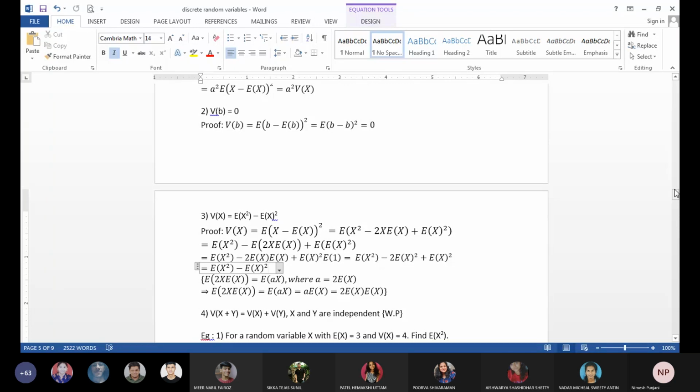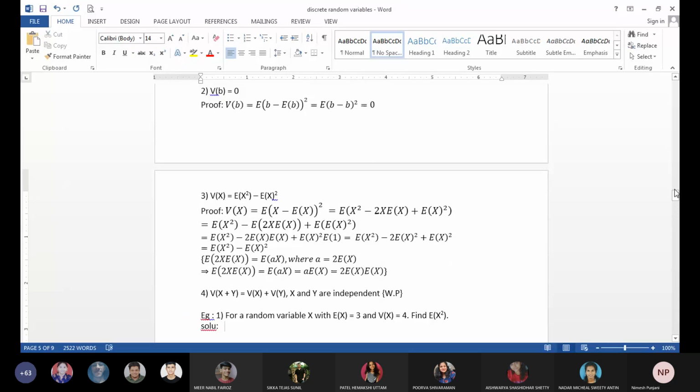Now you can treat this as a formula. Again I repeat, if you have a descriptive exam, whatever proofs we are doing, only those proofs will be expected in your paper.